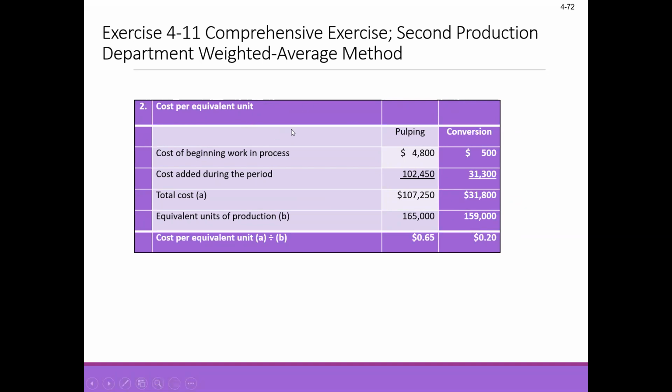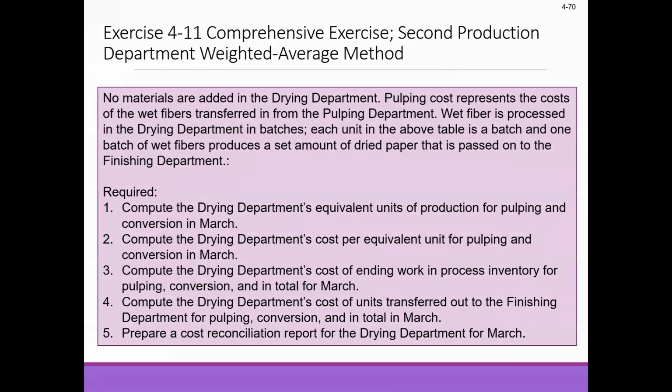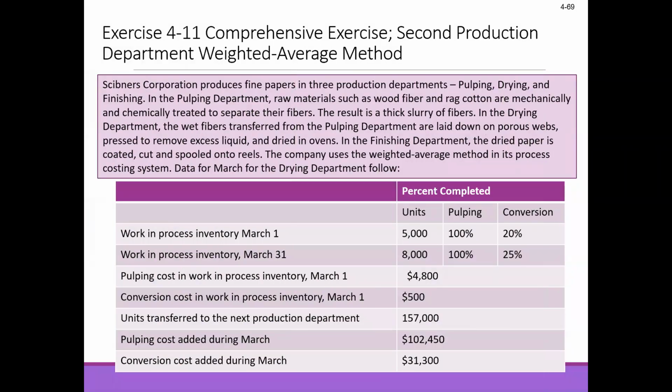The cost of the beginning work in process, 4,800 for pulping, 500 for conversion. Where did we get that? Right here, 4,800, 500. Here are the costs that were added during the period.